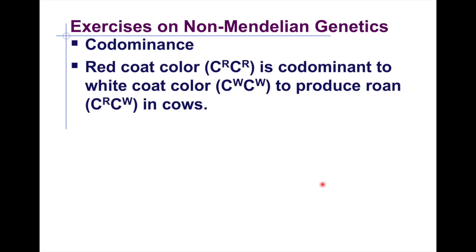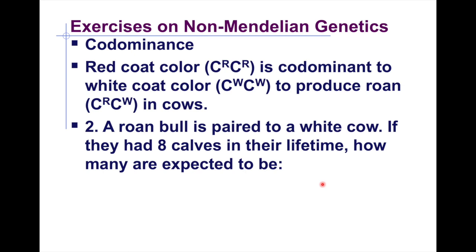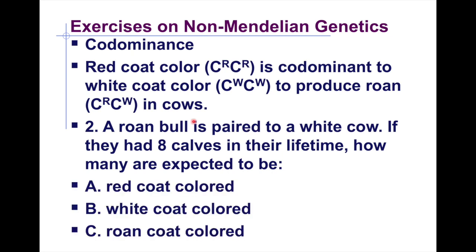So here's also a problem on codominance, but the definition for codominance was elaborated a little while ago. Here we have a roan bull paired to a white cow. If they had 8 calves in their lifetime, how many are expected to be red, white, or roan? First, let's write down the genotypes. This is for the roan. This is for the white one.